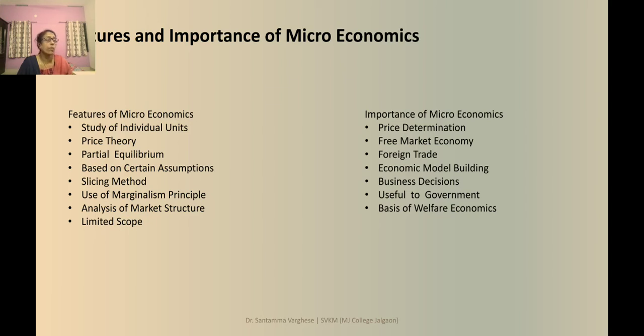Based on certain assumptions, microeconomics begins with the fundamental assumption, other things remaining constant, such as perfect competition, and we study market analysis, which makes the theory very simple. So students, you have to concentrate that microeconomics is based on certain assumptions, other things remaining the same.